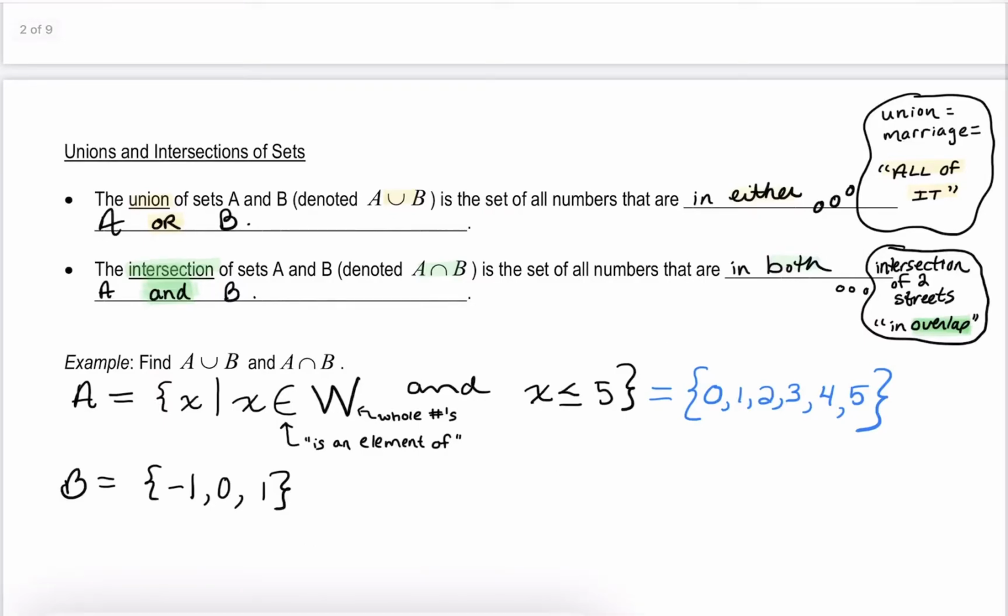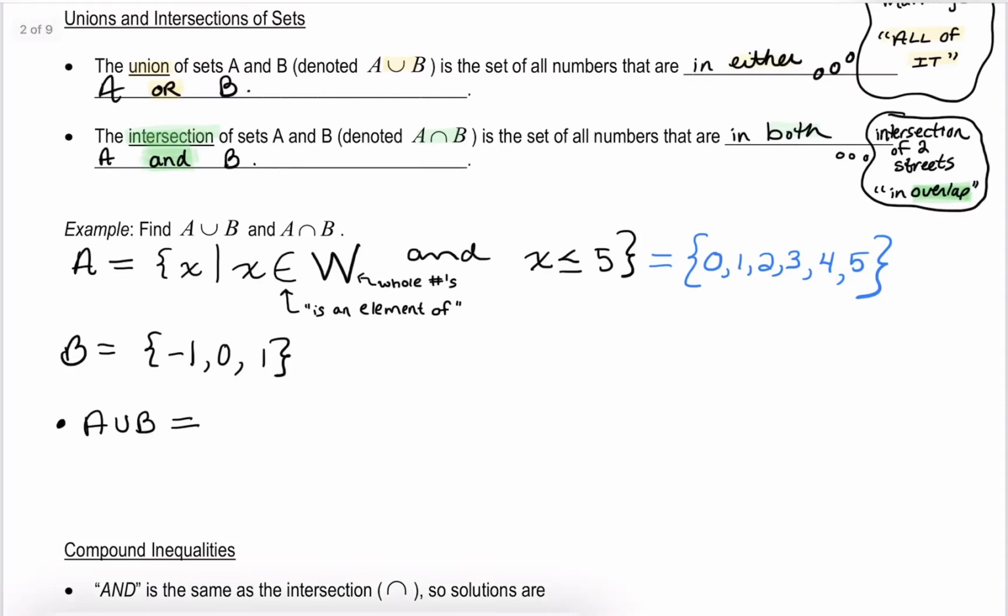All right, so for the first part here, let's write out the union of these two sets. Remember, with union, look back up at the top here where I highlighted: take all of it.